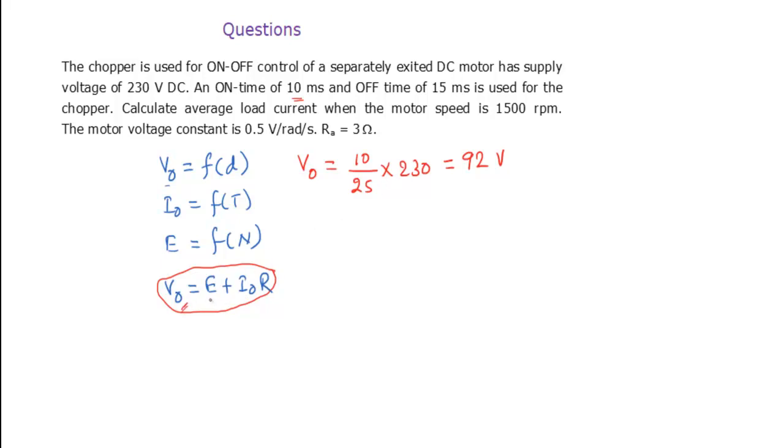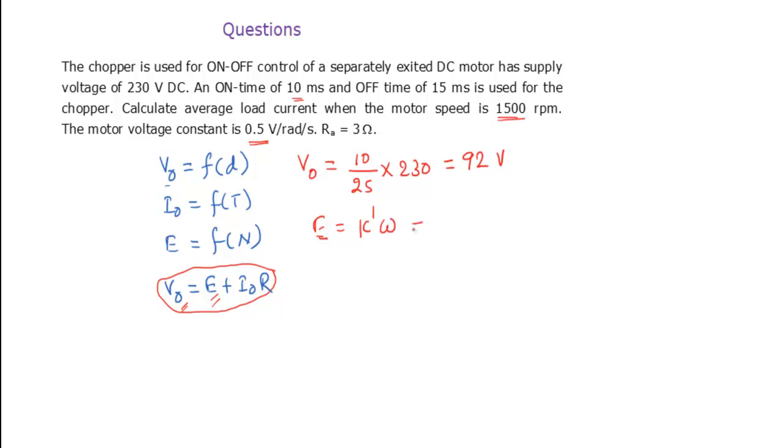We need to calculate back EMF at the required condition. So back EMF we need to calculate at 1500 rpm, and motor voltage constant is given. But motor voltage constant is given in volt per radian per second. That means it is nothing but K dash. Okay, it is given as K dash, it is not K. So in that case, back EMF is K dash into omega.